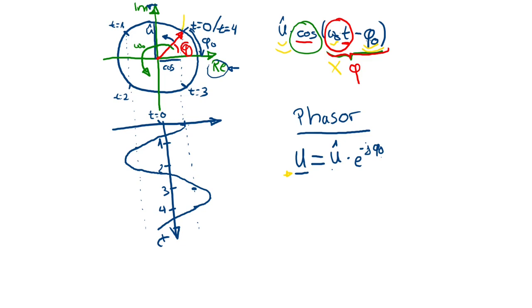So actually this pointer here drawn in red is our phasor, and it has the parameters amplitude, which is the radius of the circle, and our phase, which is the argument. And we are going to use this representation very often throughout this lecture.